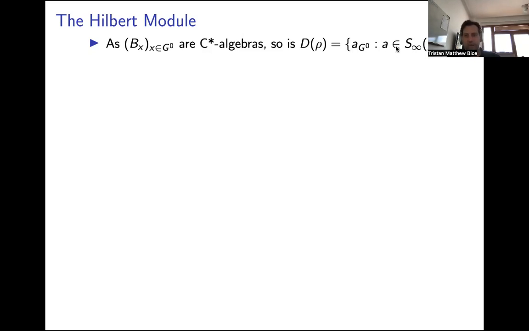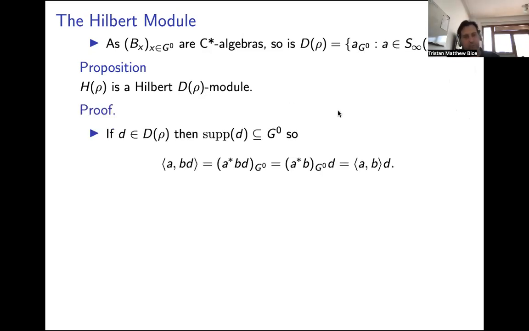And if you look at the infinity norm, this is actually the same as the 2 norm when you look at these unit supported, if you like, sections. So this definitely forms a C-star algebra. And if the fibers are one-dimensional, for example, this will even be a commutative C-star algebra. And the claim is that this forms a Hilbert module over this diagonal subalgebra D of rho.